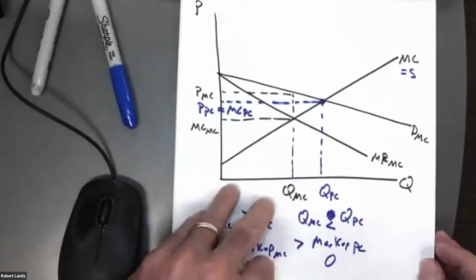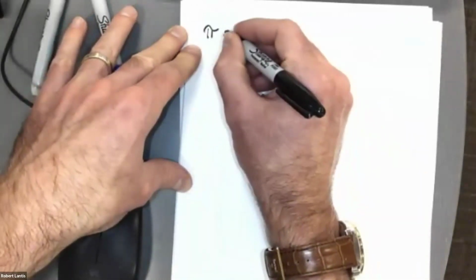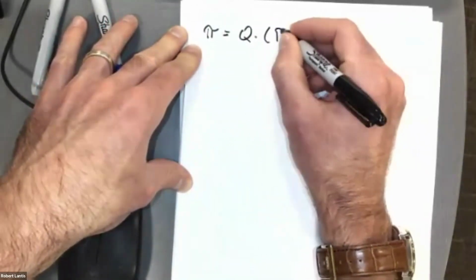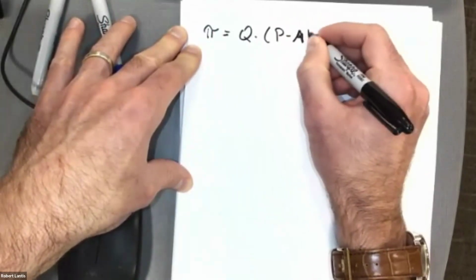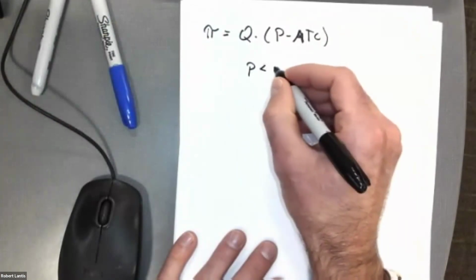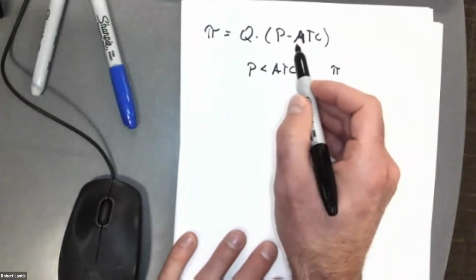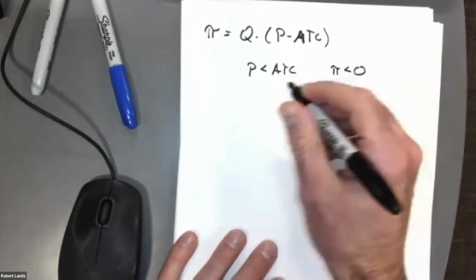So even though we have a markup, my profits, price being below average total cost, would still be negative. As a reminder, where that's coming from is we said our profits are equal to the quantity we're selling times the difference between price and average total cost. So if price is ever below average total cost, positive times a negative value would be negative.